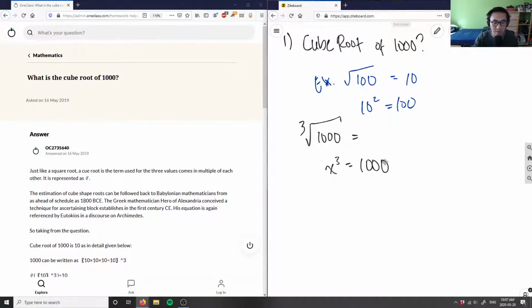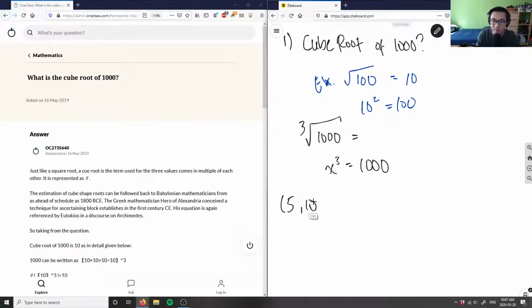We can use trial and error to figure out the cube root of 1,000. The numbers that would probably divide into it are either 5 or 10.